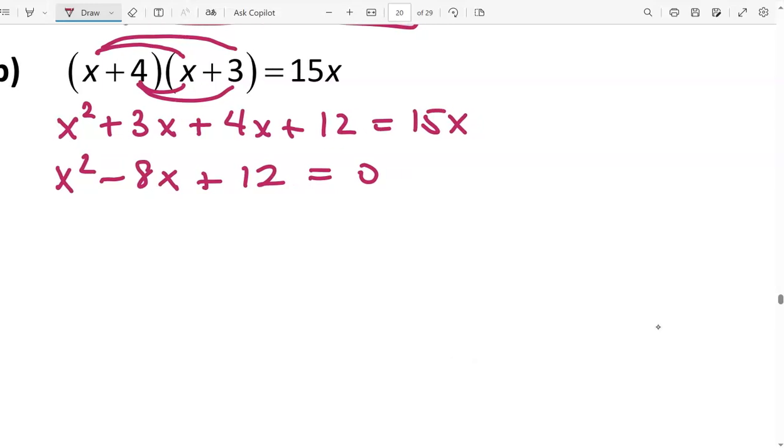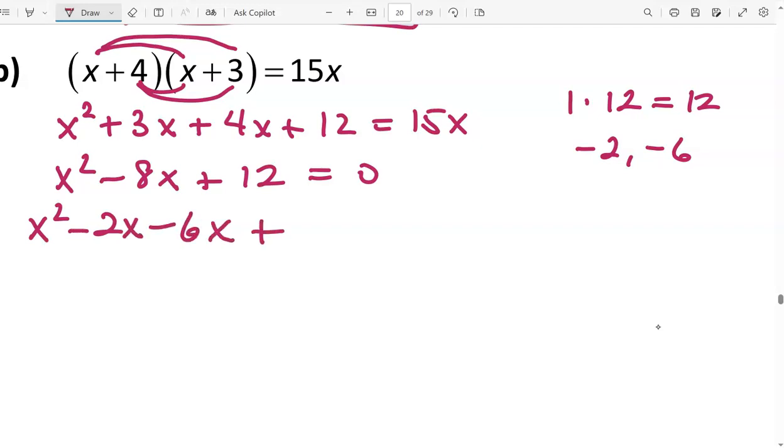And now our a times c is 1 times 12, which is 12. Factors of +12 that add up to -8 are -2 and -6. So x squared minus 2x minus 6x plus 12 is equal to 0. Factor by grouping: x times (x minus 2), bring down the minus sign in between the two groups and factor the 6.